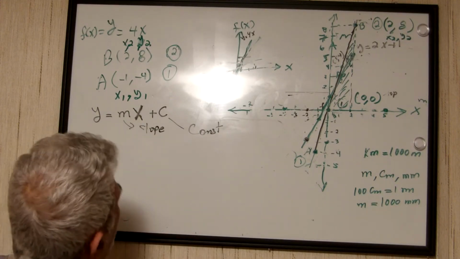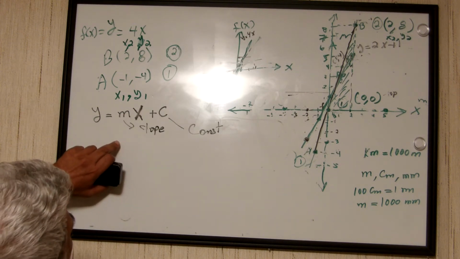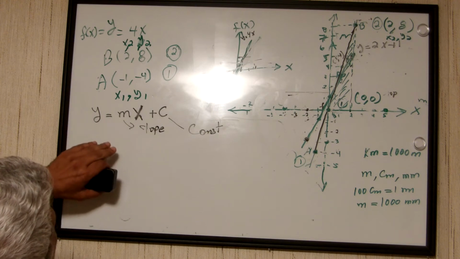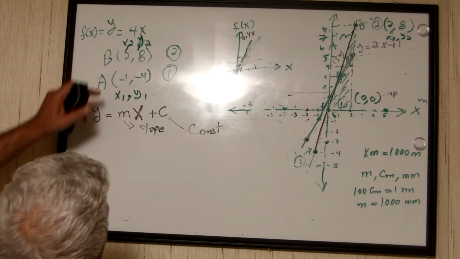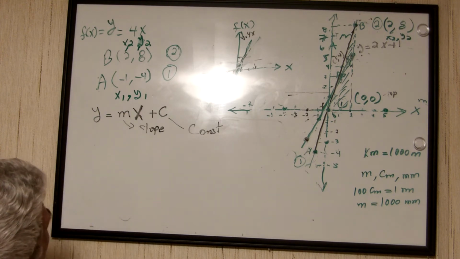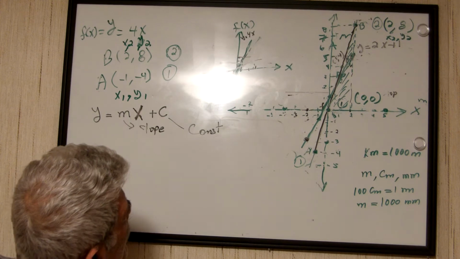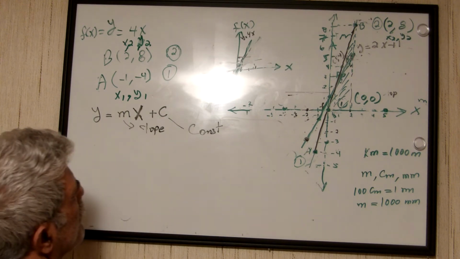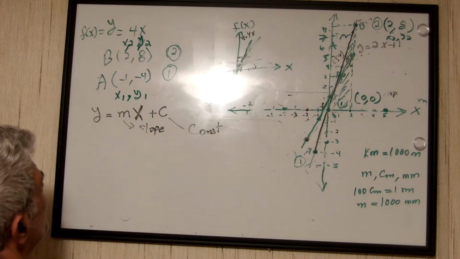Whenever you want, you can pause the video, sometimes you need to pause the video to see how we found the slope of this line. So let's talk about finding the equation of it.